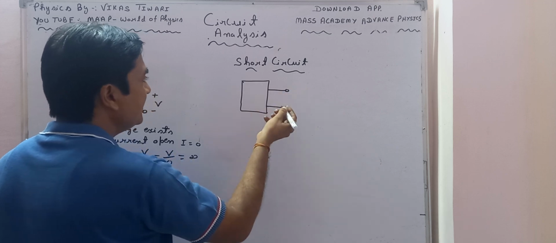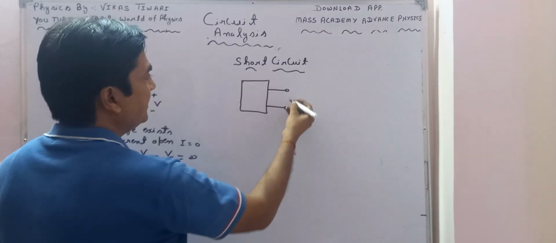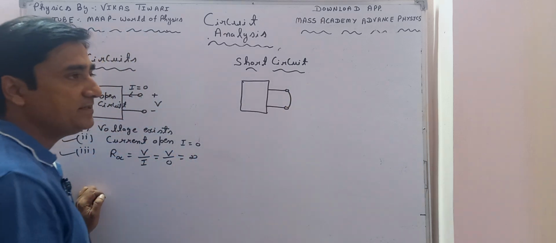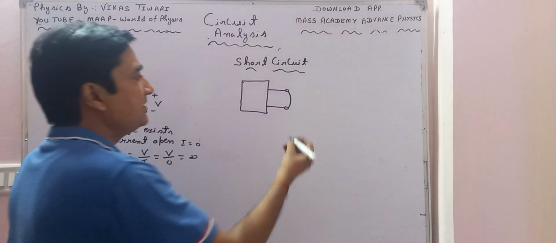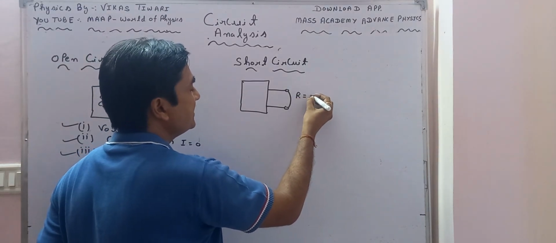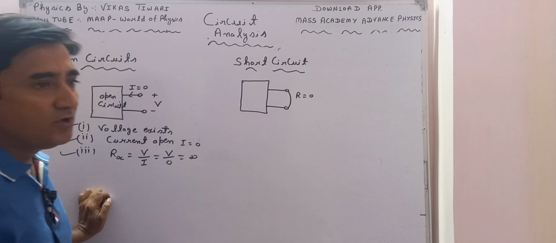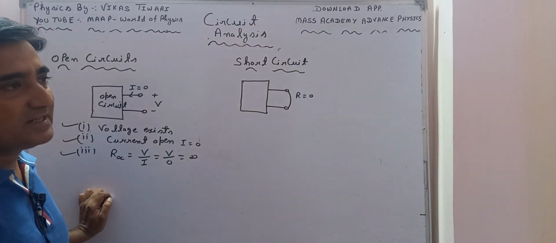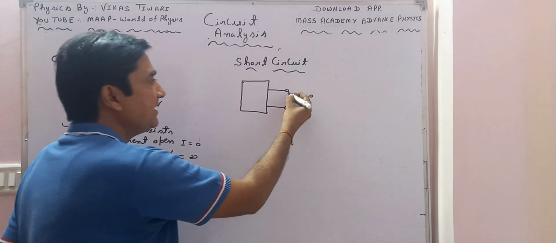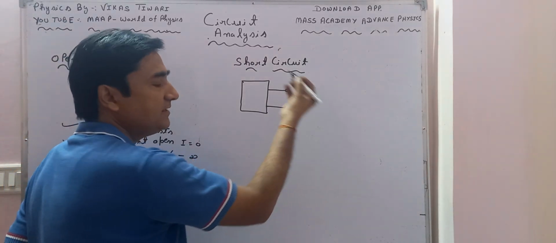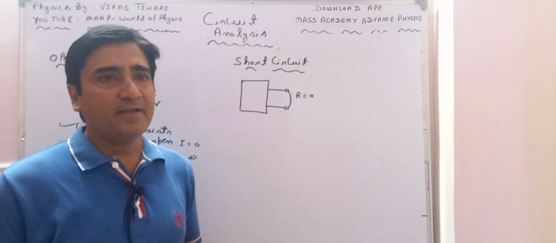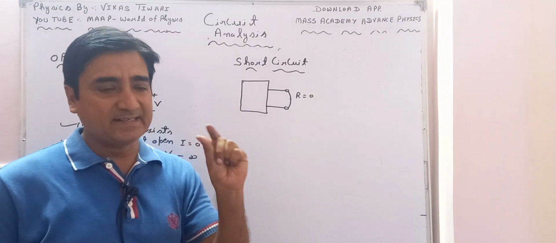Short circuit means if this circuit is shorted, we join these two points by a zero resistance wire, meaning resistance is equal to 0. Ideally, I know practically there is no resistance which has a value 0. But ideally, I will say connect these two points with a resistance of 0 ohm, and practically, with very little resistance.